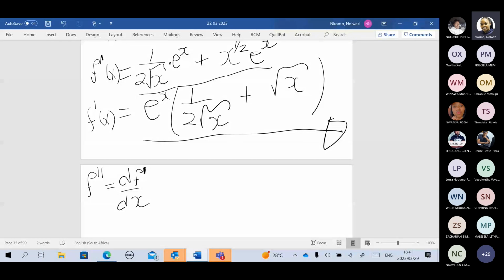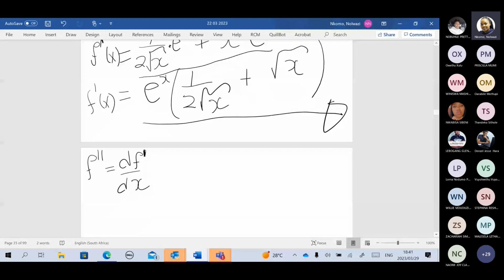And our first derivative, we said it's e to the power x times 1 over 2 root x plus root x, right? So it means we are differentiating e to the power x times 1 over 2 root x plus root x with respect to x.